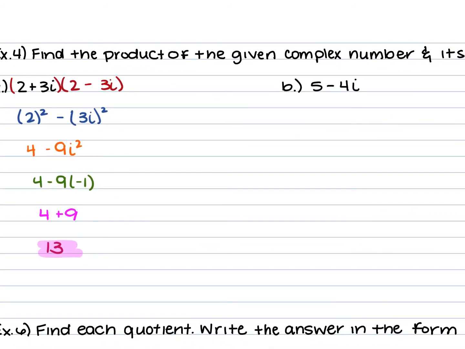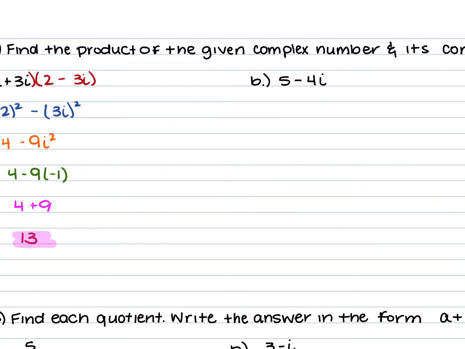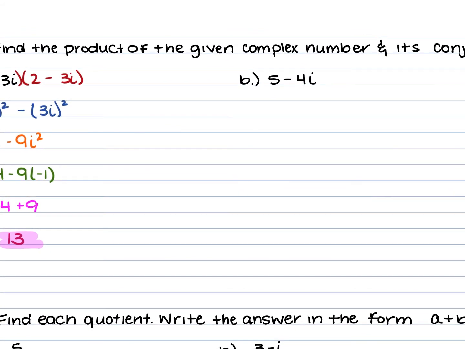For example B, we have 5 minus 4i. If we put parentheses around this and write its conjugate to be multiplied by it, we're going to keep the 5, we're going to keep the 4i, and we're just going to change the sign between them, which will be addition now. So from here, we have a difference of squares, so we're going to take 5, square that, minus the 4i, square that.